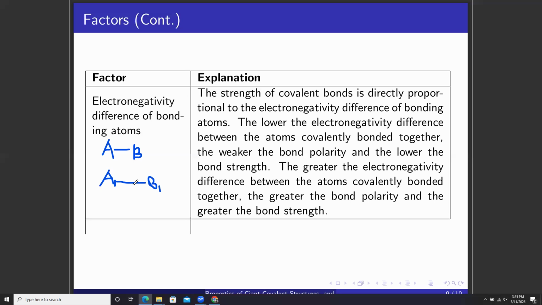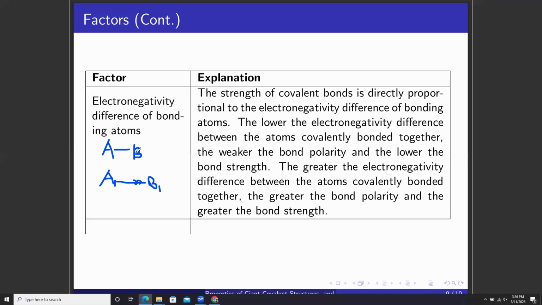I explained that, and I took a very long period of time to ensure that you comprehend that information. So for electronegativity, if B1 is less electronegative, then it will pull these electrons slowly.